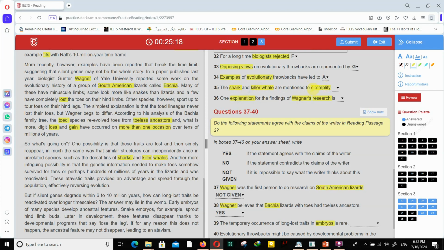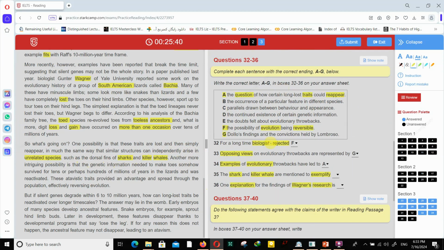Mentioned to exemplify what? Exemplify, let me just, in much the same way, the similar structures can independently arise in unrelated species, such as the dorsal fins of sharks and killer whales. Exemplify what? B. The occurrence of a particular feature in different species.